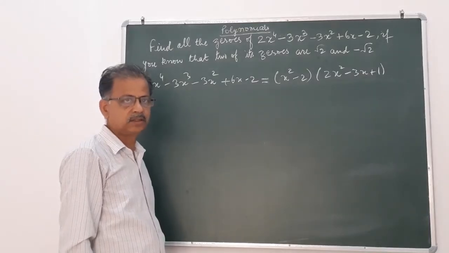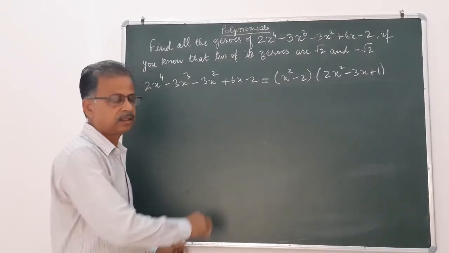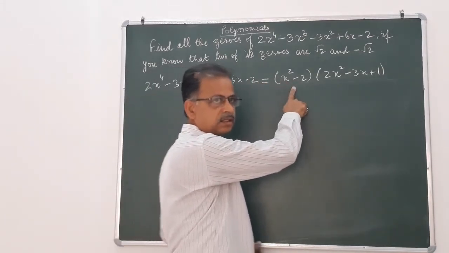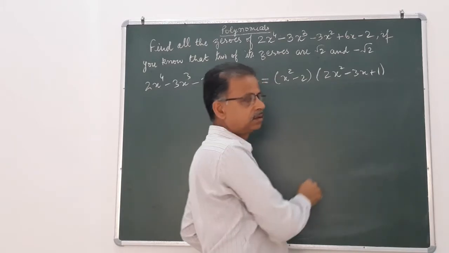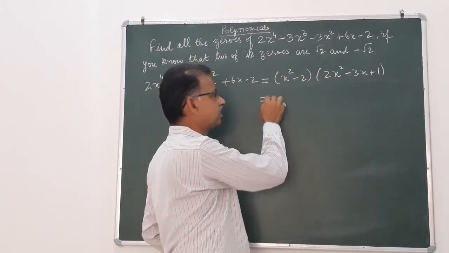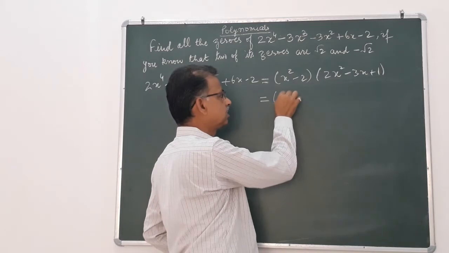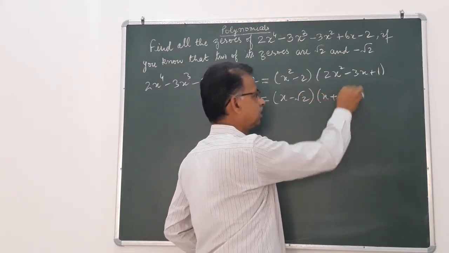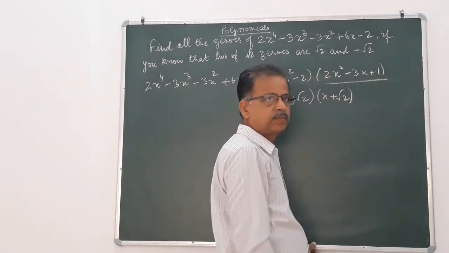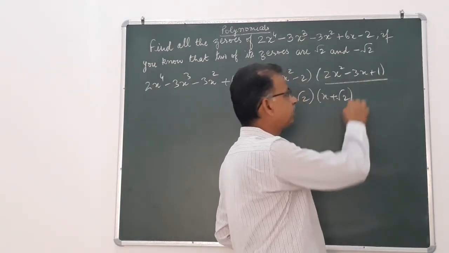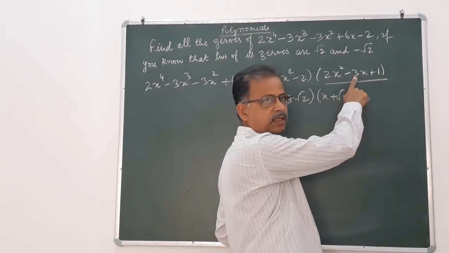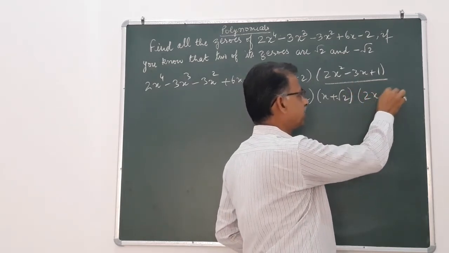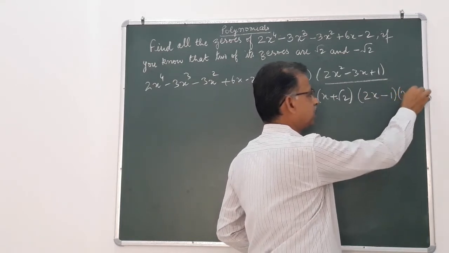Since the remainder was 0, we can write dividend is equal to divisor into quotient. Now we factorize this. This is a quadratic polynomial, so we can factorize it by splitting the middle term. So its factors are 2x minus 1 and x minus 1.